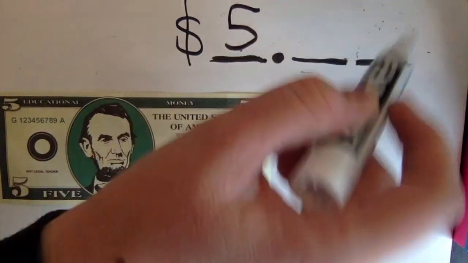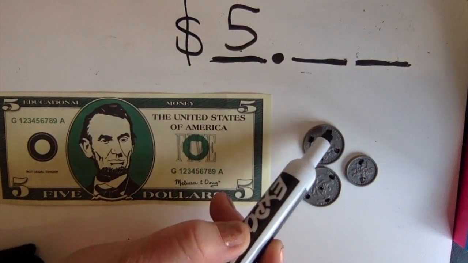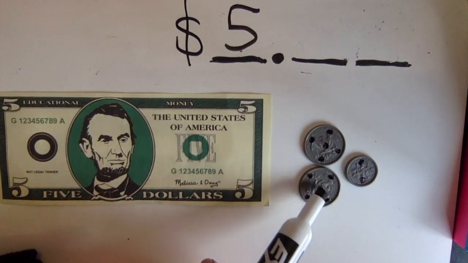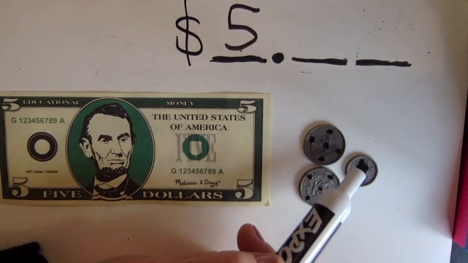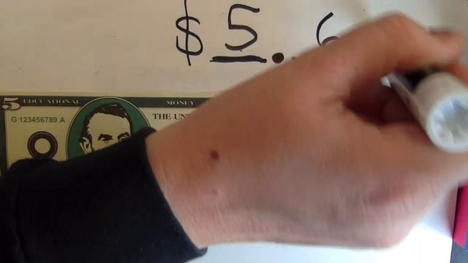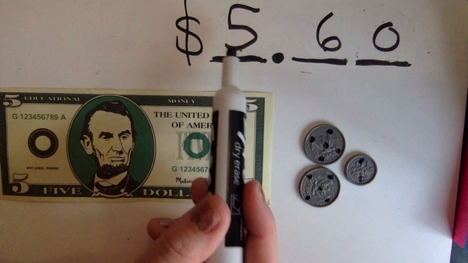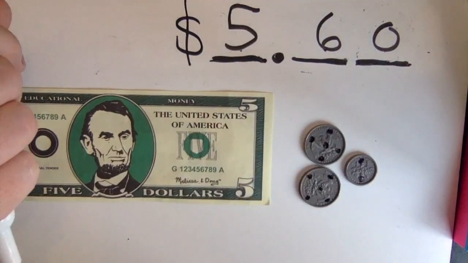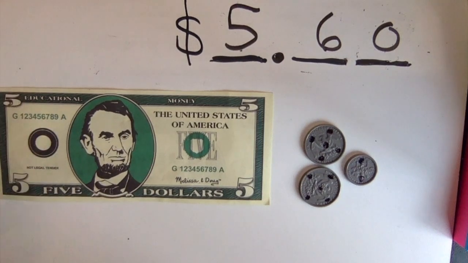Okay, now we can go over here and count the cents. Let's count them. 5, 10, 15, 20, 25, 30, 35, 40, 45, 50, 55, 60. We're going to write 60 cents over here, and you would read this as $5.60.